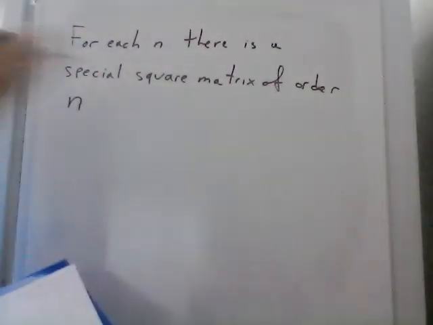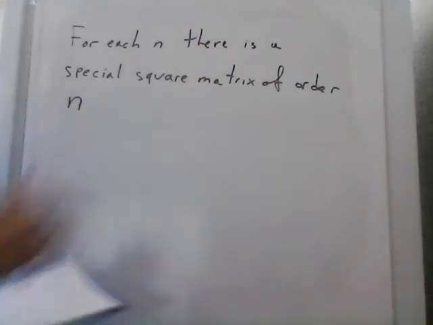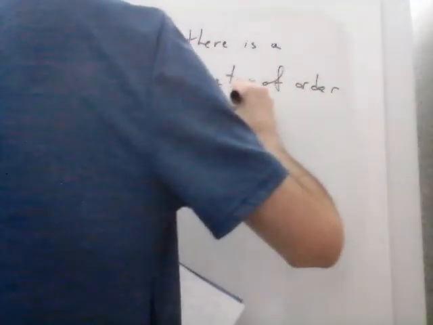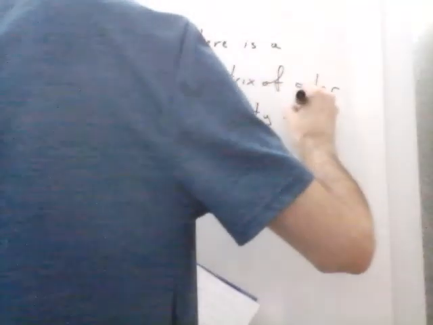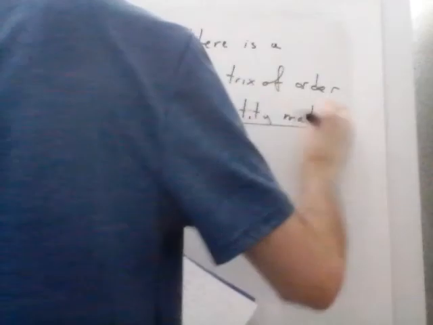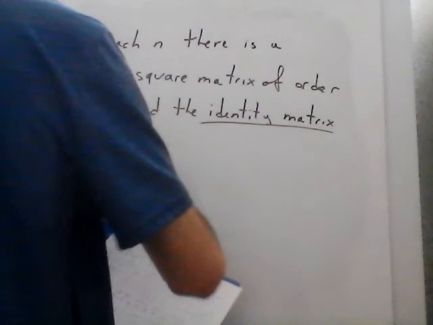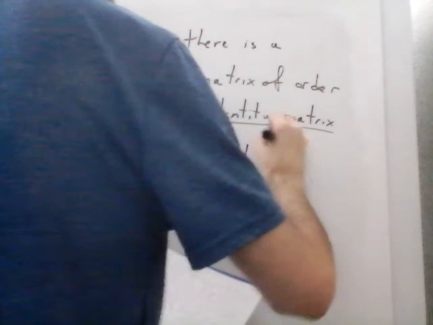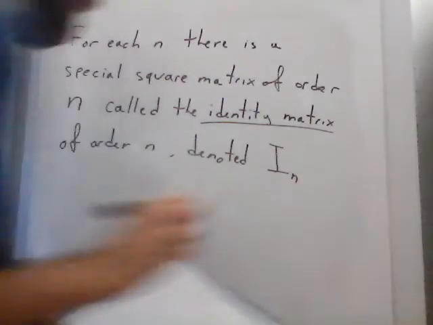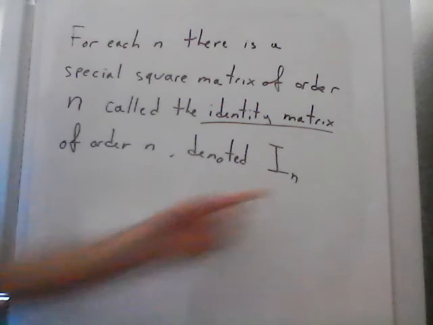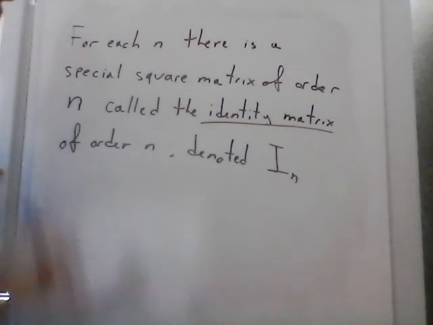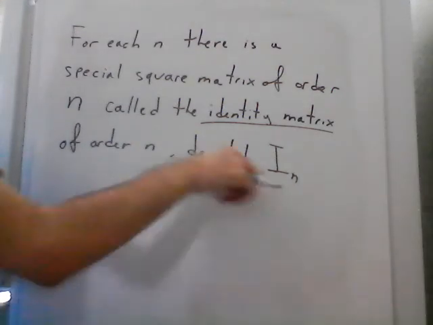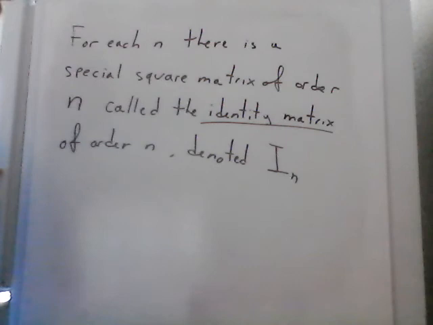It's an n by n square matrix that is called the identity matrix of order n, and it's denoted by I with subscript n. Sometimes when this n is clear, because for example we are working in R2 or R3, we just don't write this number as a subscript. We just write I to denote the identity matrix.